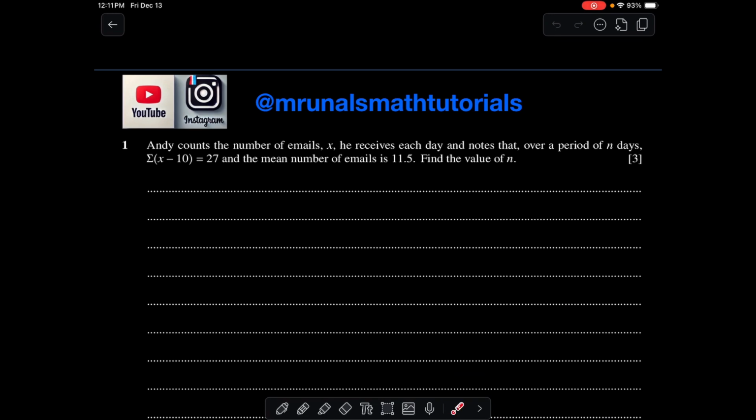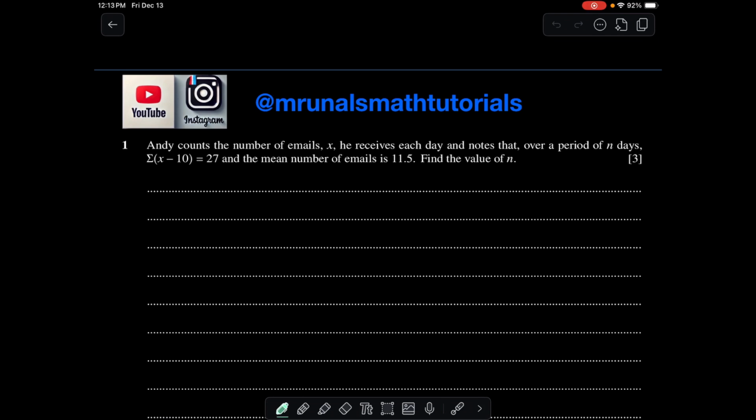So it has been given to us that the emails is x and the mean number of emails is 11.5, and the coding given to us is x minus 10, and the sum of x minus 10 is 27. First of all, we're going to write down what the coding is.